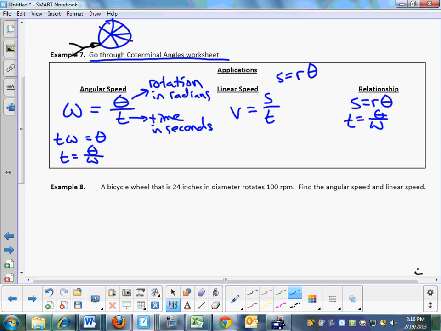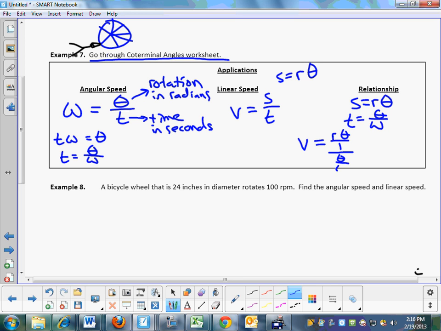Now let's see what happens when I go back to this formula. Velocity equals, instead of s, I can write r theta over 1, divided by, what can I write t as?